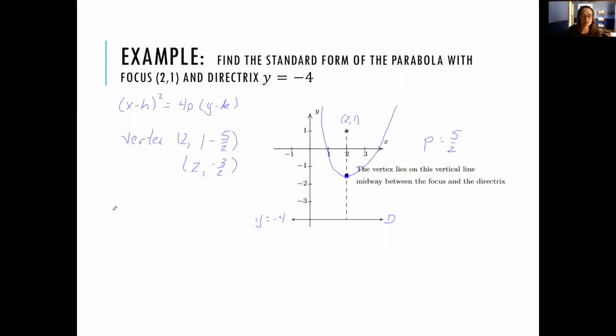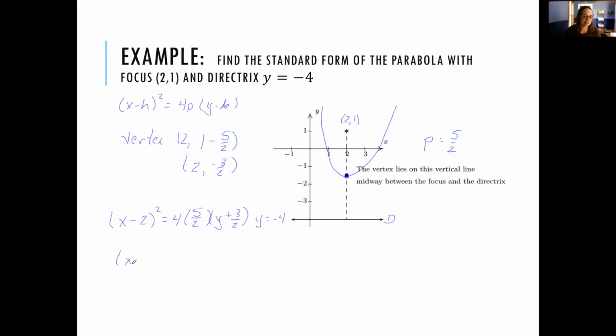So my equation for this parabola is x minus 2 squared is equal to 4 times p, which is 5/2, times y minus k, so y plus 3/2.